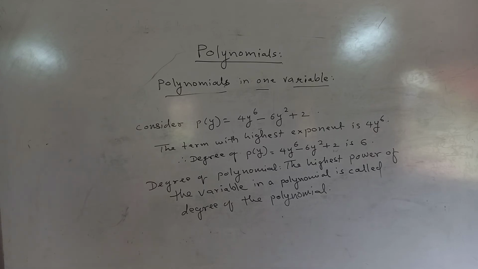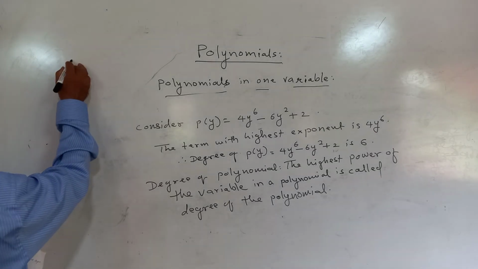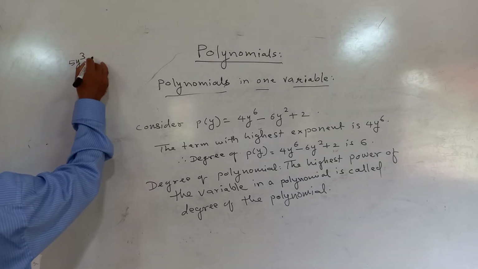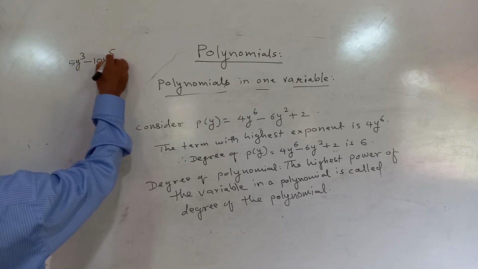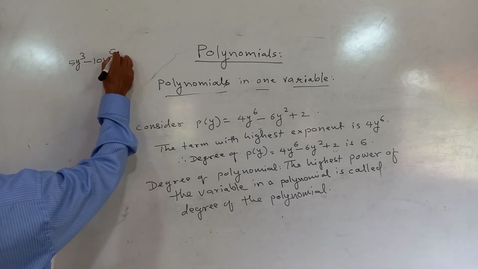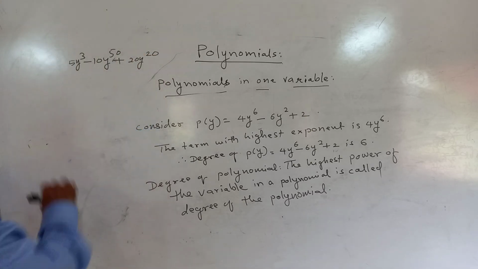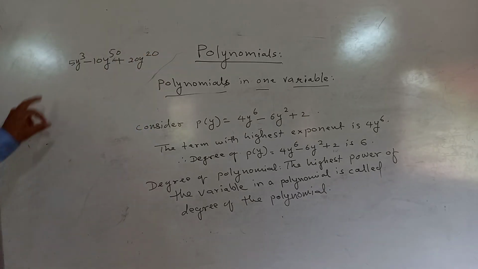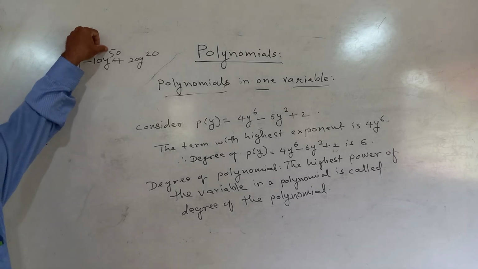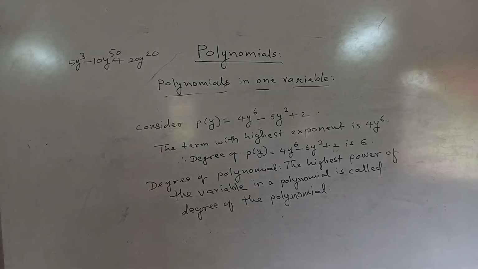Suppose you are having 5y cube minus 10y raised to 50 plus 20y raised to 20. So what is the degree here? As you can see, the highest exponent is 50. So the degree of this polynomial will be 50. Okay.